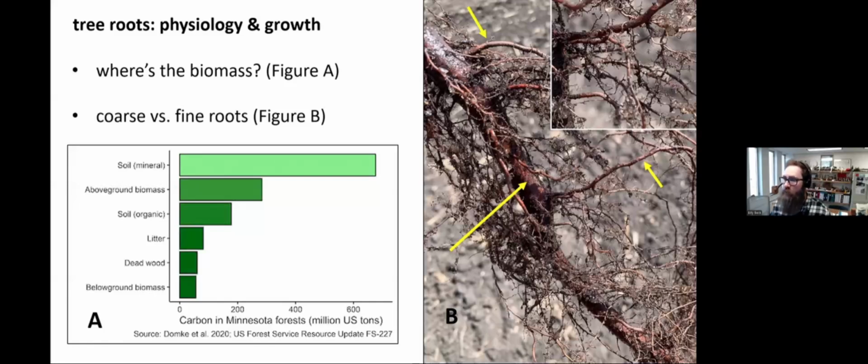And tree roots have 2 main types of roots. There's coarse roots, which you can see here on the right, the yellow arrows. Those are used for stability, storage, things like that, holding the tree in place, storing things like energy, carbohydrates. And then we have fine roots, which is the zoomed in panel there at the top of the screen.